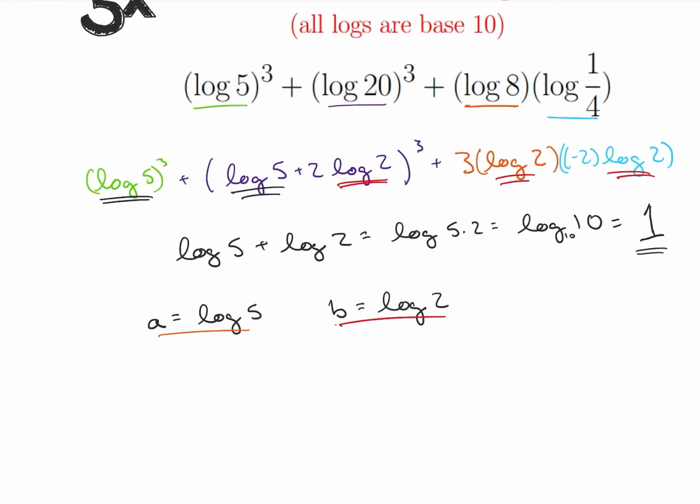And what we're left with is a cubed plus a plus 2b cubed, minus 6, sorry, so minus 6 times log of 2, which is b squared.